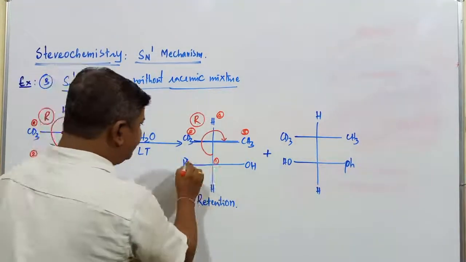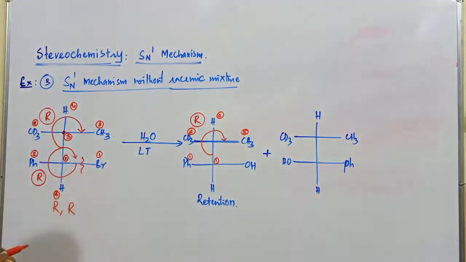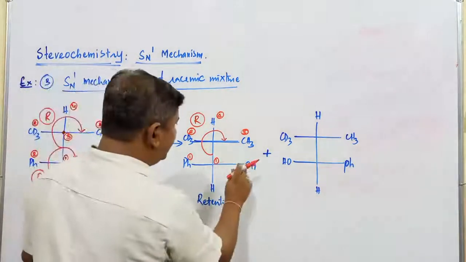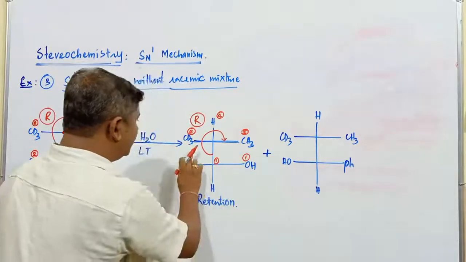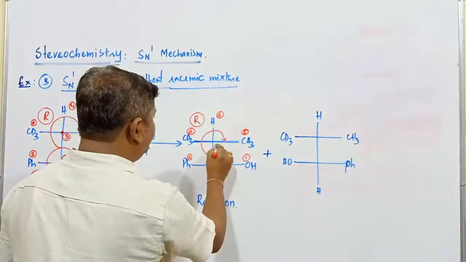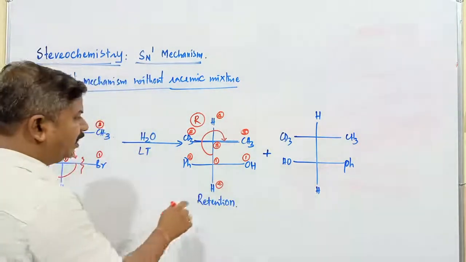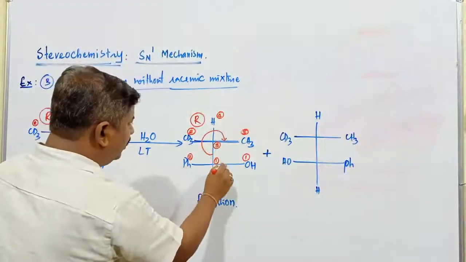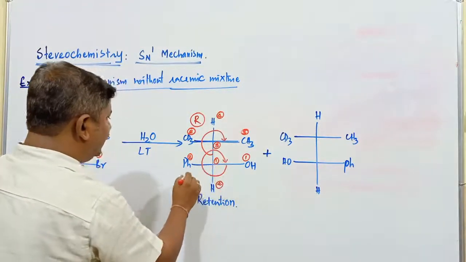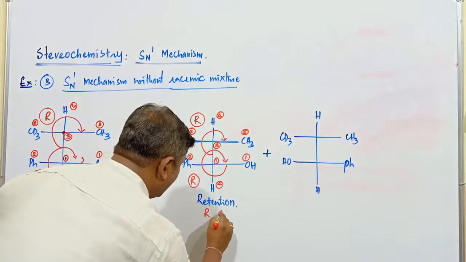With respect to this one, it is the first carbon atom, carbon attached to oxygen, so this is first priority. Second priority goes to this particular group, the next priority is this carbon atom, and the fourth priority is hydrogen. It is 1, 2 and 3, which means clockwise, also called R. So R is converted into R.